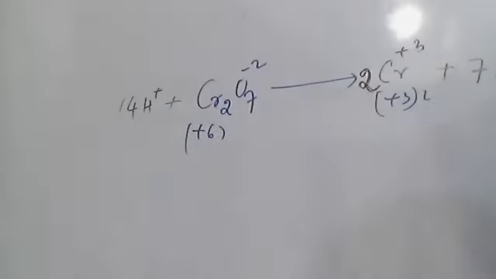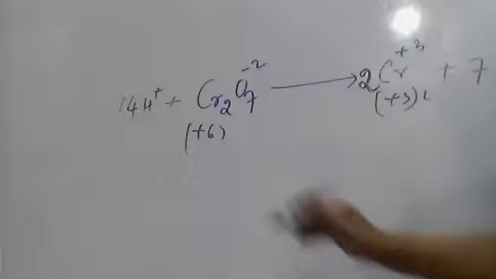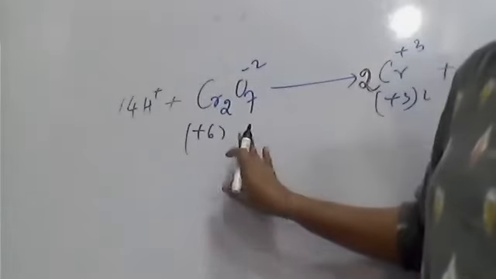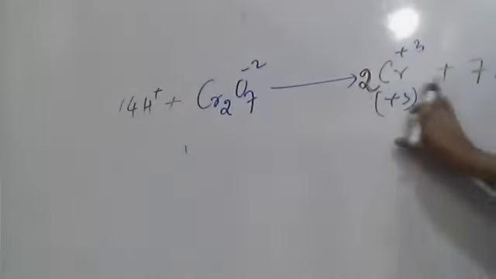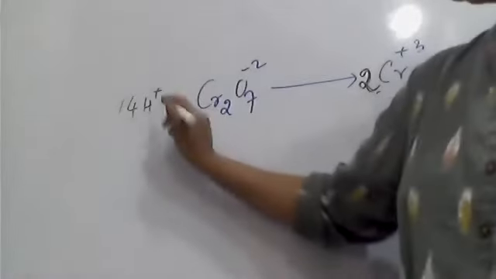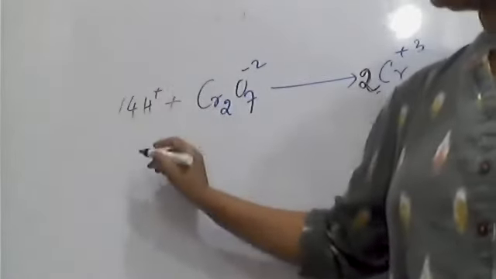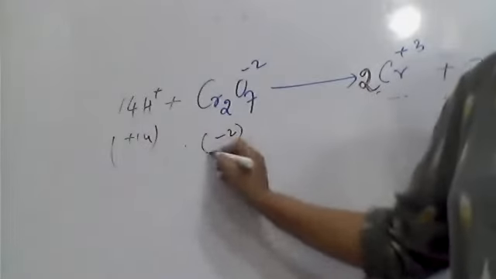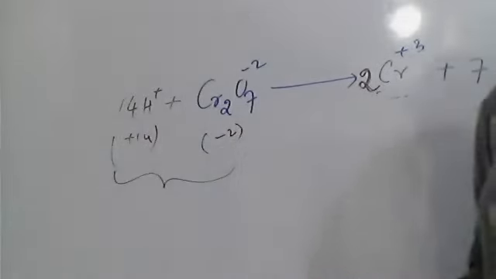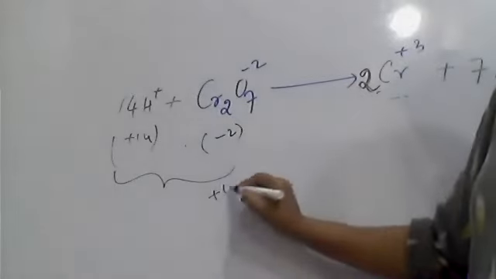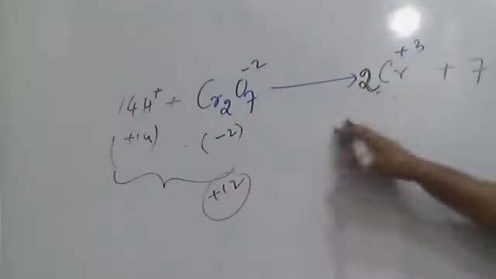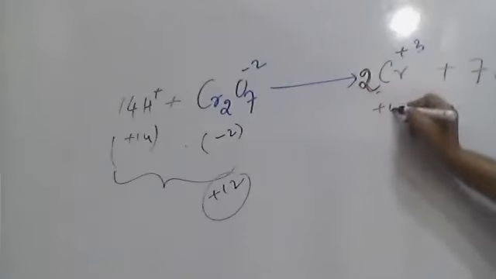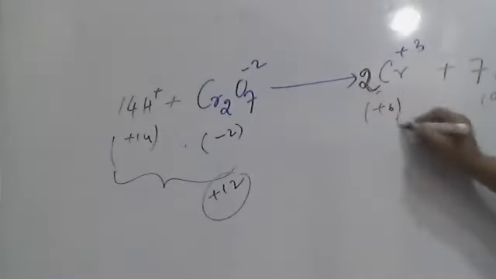Okay. Next, to balance the charge. What is the charge here? See the total charge on H plus is +14. And next here it is -2. So at this left side, what is the total charge? +12. Next here, +3 into 2, +6. And it is neutral. So what is the total charge here?